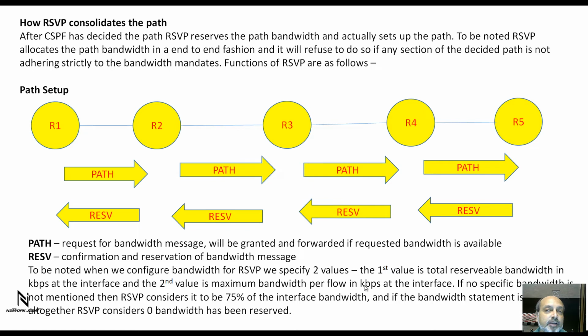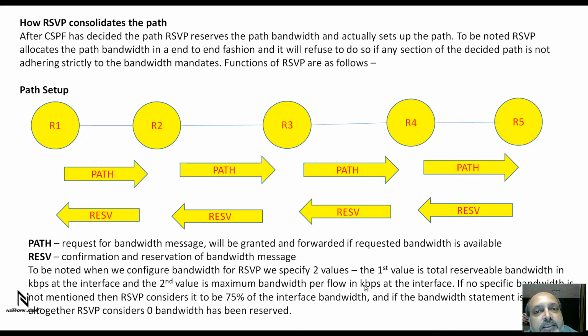So be very, very careful regarding the RSVP bandwidth statements, right? Whenever you put the statements, you must put them with all the necessary parameters, and at the same time you must be careful about the interface bandwidth. You should not specify any value higher than the interface bandwidth, right?